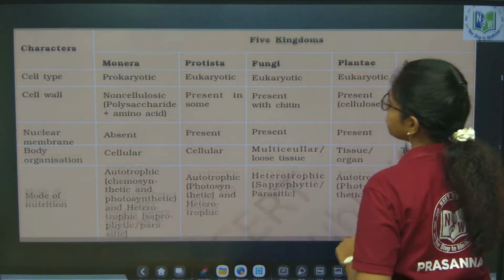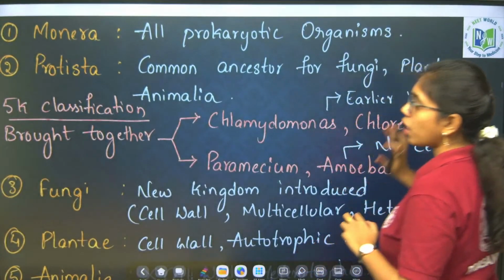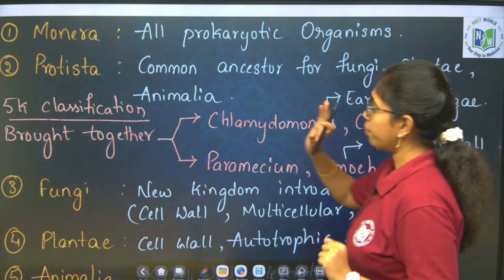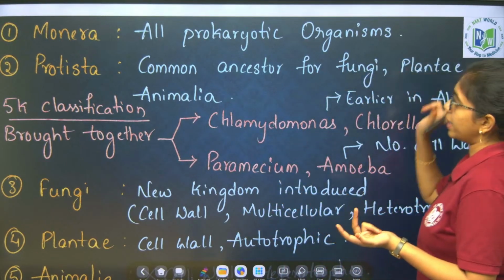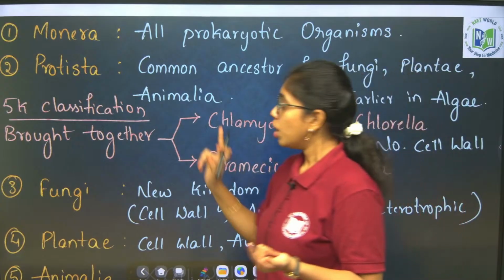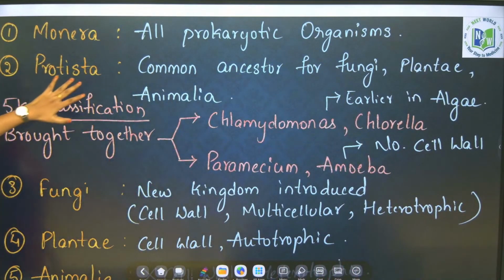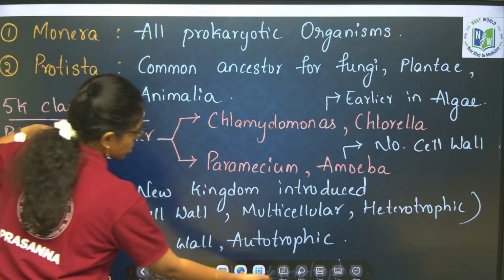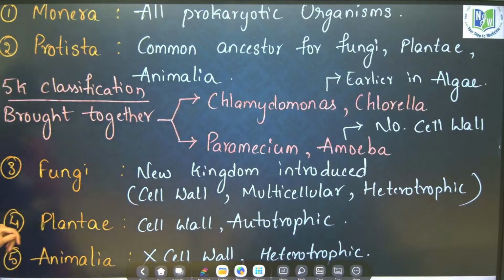Next, Monera: all prokaryotic organisms are placed under Monera. Protista is the common ancestor for fungi, Plantae and Animalia. Remember that. The 5 kingdom system of classification is brought about by R.H. Whittaker.